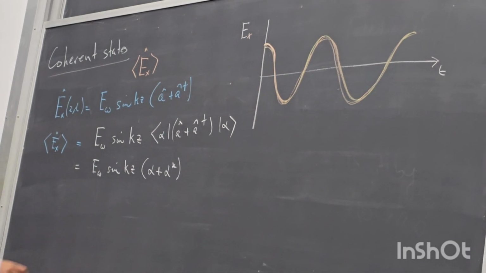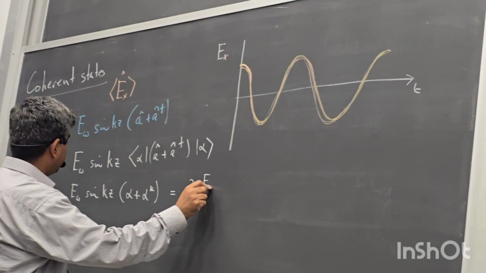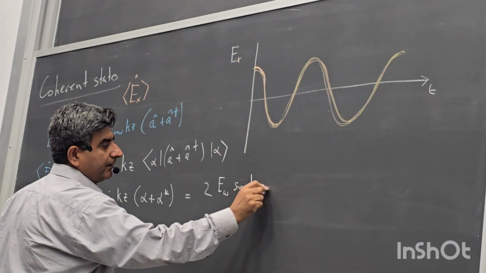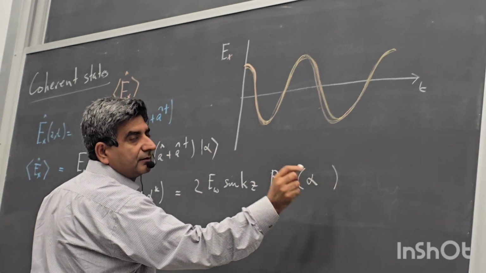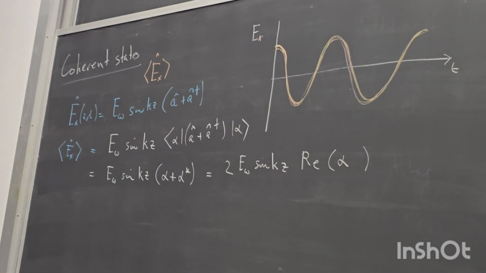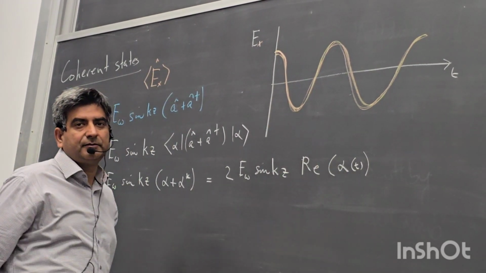Which of course is 2 times E omega sin kz and the real part of alpha. Correct? Actually, we need a time dependent term here, alpha t.